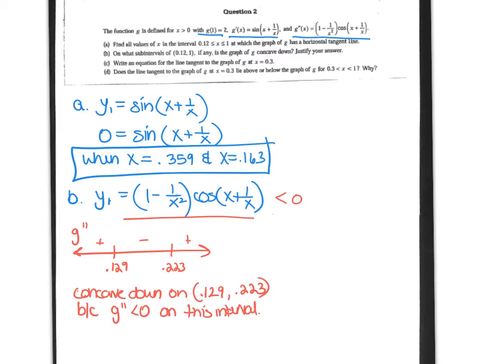Okay, now let's look. Part C, write an equation for the tangent line to the graph when x is 0.3. So we need the slope when x equals 0.3, which we can do very easily because we have our first derivative. So we will go ahead and plug in 0.3.